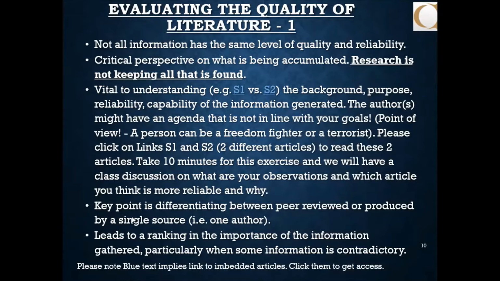So it's important to differentiate between peer-reviewed or produced by a single source, i.e. author. Peer-reviewed studies are better because the information is verified and proven wrong if it's wrong.